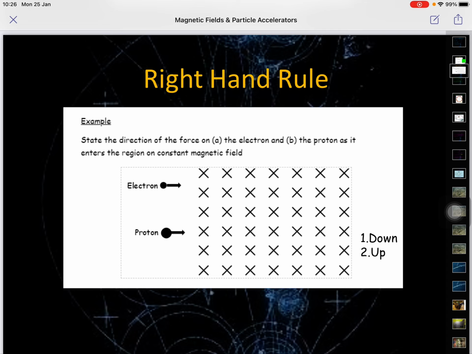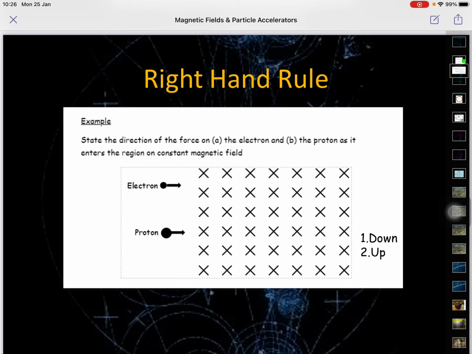Okay? And then your middle finger is the electron. Because an electron is current, that is going to be your middle finger, and it's going to the right. So you have to turn your hand round until your middle finger is pointing to the right, but your first finger is still pointing into the page. It's a very difficult thing for me to explain without showing you, so I might try and refilm this to show you in a minute.